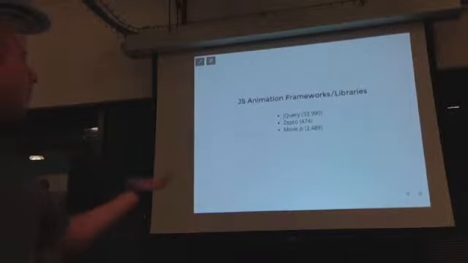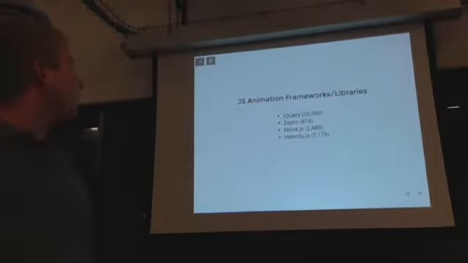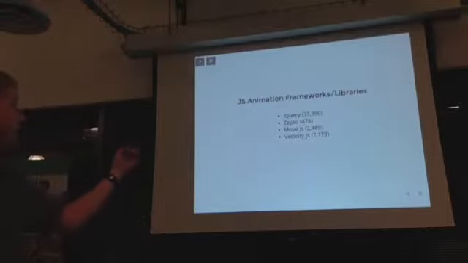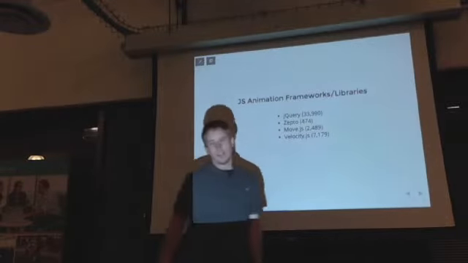And then we have some other animation-specific frameworks, like Move.js, which was a really popular one, but if you look at their GitHub, they've kind of died out. We have Velocity.js, which is actually getting a lot of traction. There was an article written in Smashing Magazine about it just recently. These are the stars on GitHub, by the way.